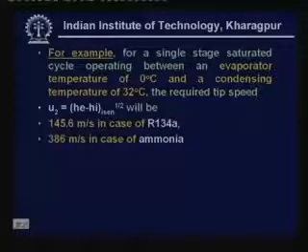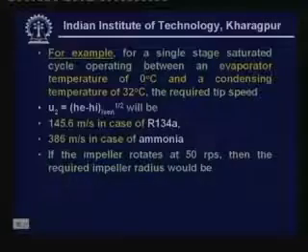So you can see that if you are using ammonia, the required tip speed becomes very large. Everything else remaining constant, for ammonia you require very high tip speeds. In fact, this tip speed exceeds the safe upper limit. So if you are using ammonia for these conditions and want to use a centrifugal compressor, you may have to go for multi-stage compression.